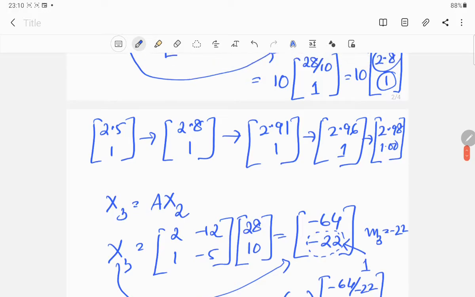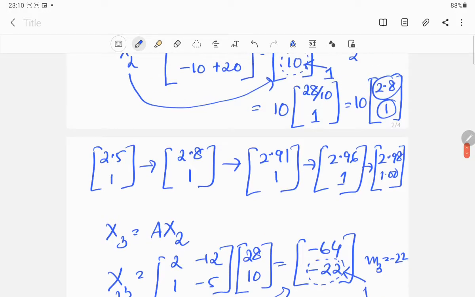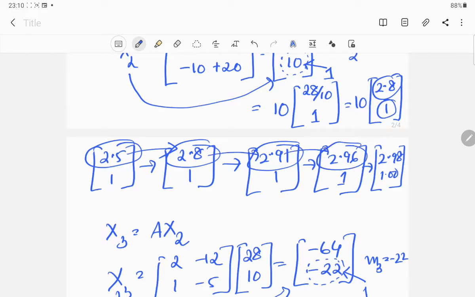So let us try. You might be thinking how long we need to continue. Now you see, from here to here, what is the gap? 0.3. Here to here, the gap is 0.11. The gap is now decreasing.